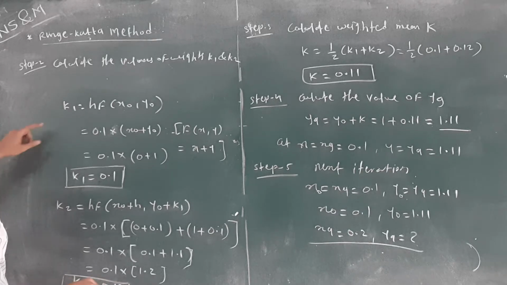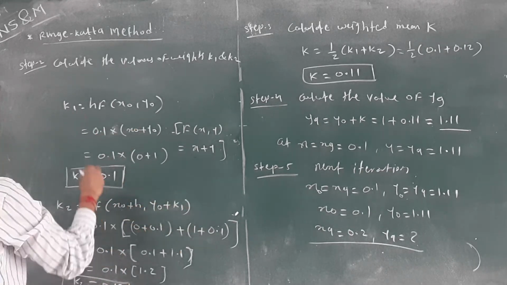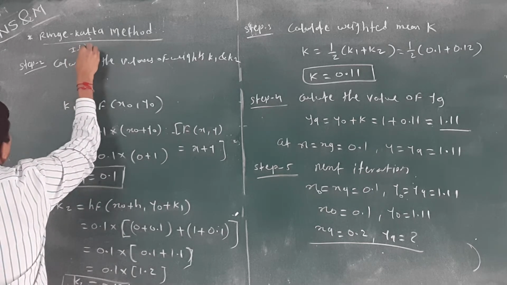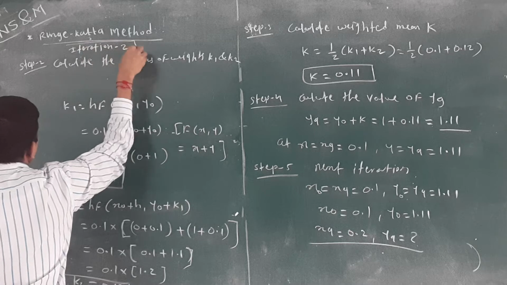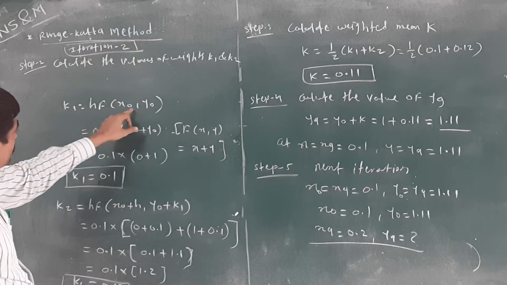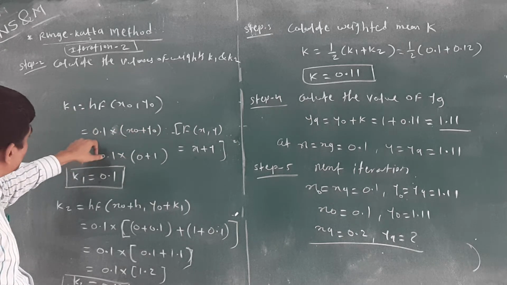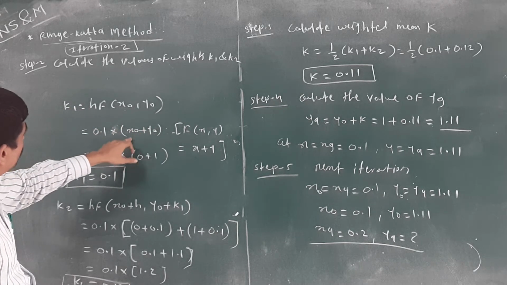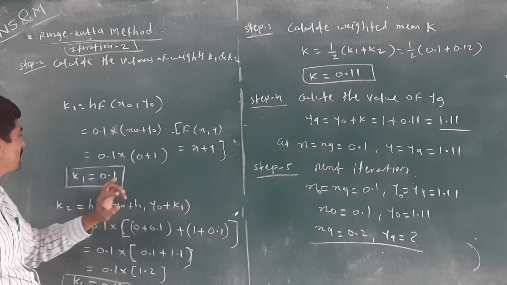You know that K1 is equal to h f(x0, y0). Same formula on iteration number 2. You have to repeat that procedure. Okay, iteration number 2. K1 is equal to h into f(x0, y0). What is the value of h? h is 0.1, into x0 plus y0, because the function f(x, y) is equal to x plus y.